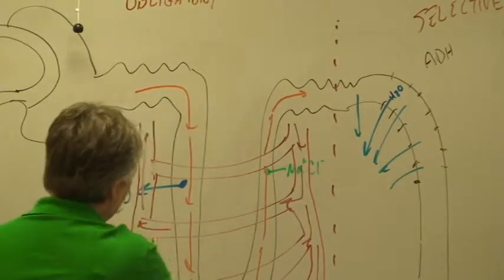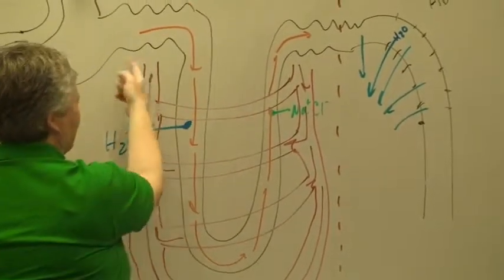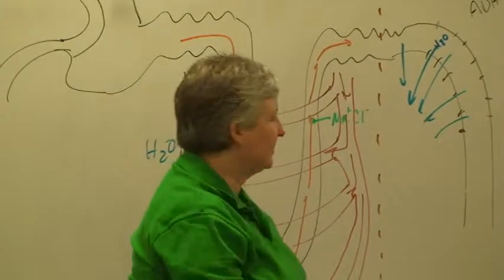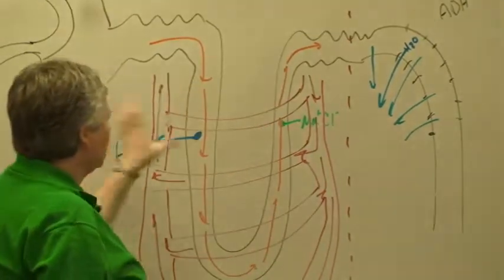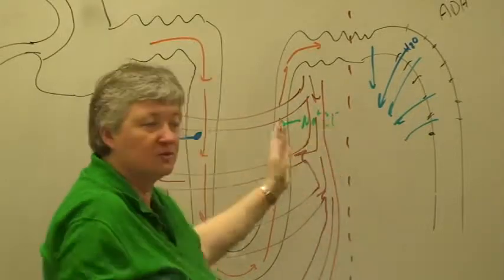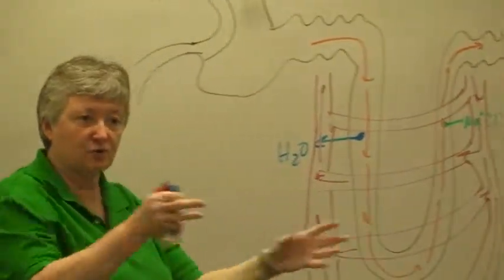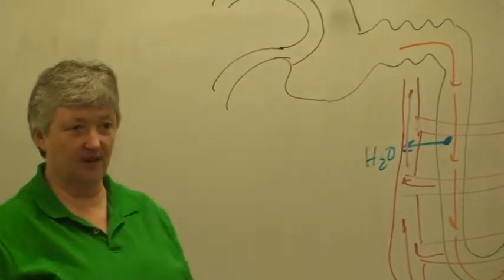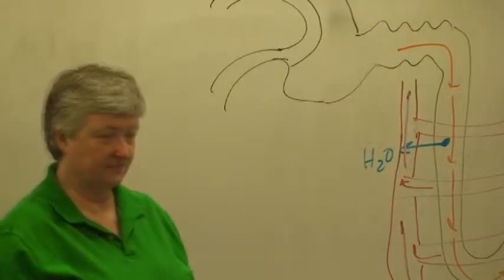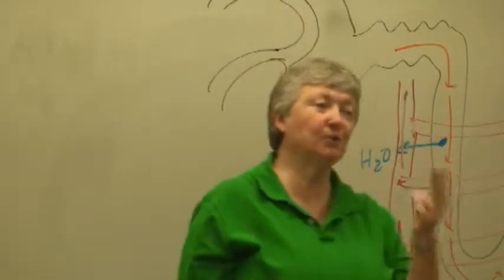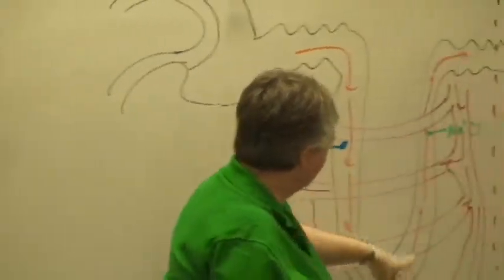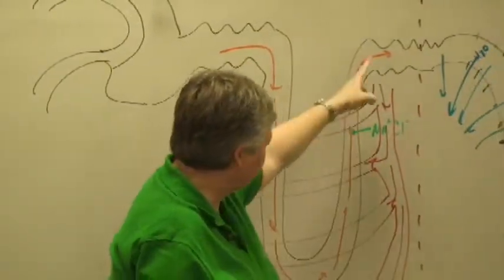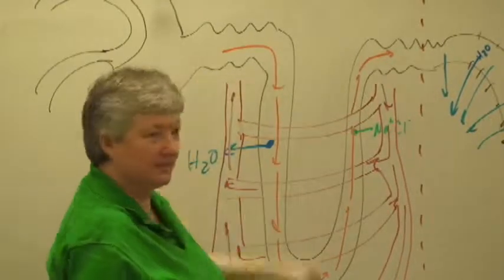It's going to come around the blood, and that's going to help the blood suck some of the water out over here. So you always end up with water being removed on one side, sodium chloride being removed on the other, and so they don't have time to diffuse across and balance each other out. So really, you've got two countercurrent mechanisms going on. You've got the countercurrent of the tubule, the loop of Henle, and you've got the countercurrent of the vasa recta.